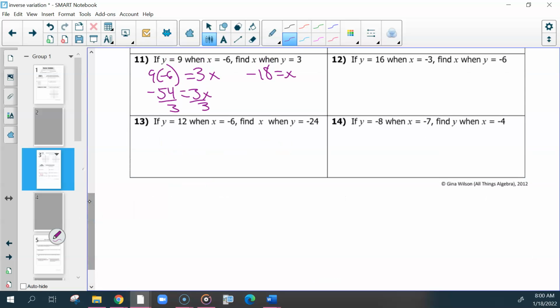For 14, we would need to find our value of k, so take the 2 numbers we are given, -8 and -7, multiply them together. Here we have 56 is our k value. Our equation would then be y equals 56 over x.